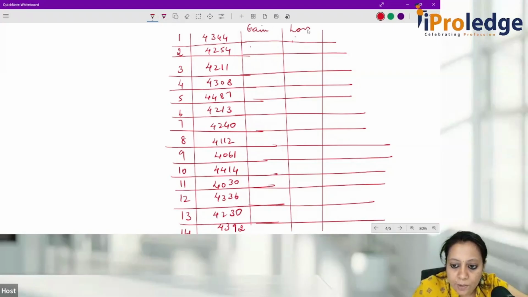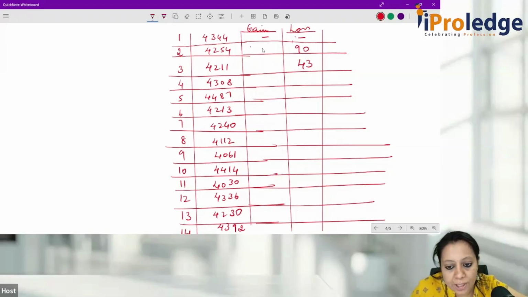So first day, nothing happened. Second day, we have lost 90. Third day, 43 loss. Fifth day, it is a gain, 97. And then 179 is a gain.